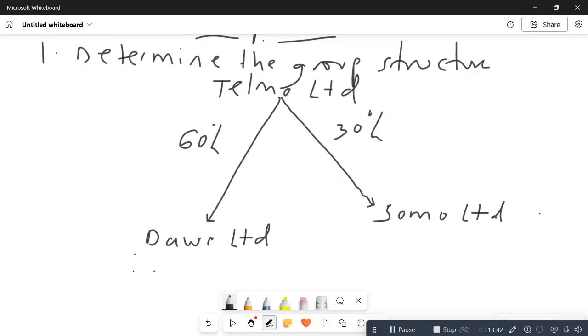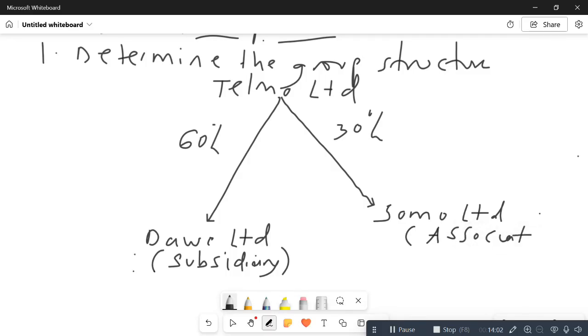So in our structure, we have 60% acquired in Dawe Limited and 30% acquired in Somo Limited. Where they have acquired more than 50%, the company qualifies to be a subsidiary, and where they have less than 50%, it qualifies to be an associate.